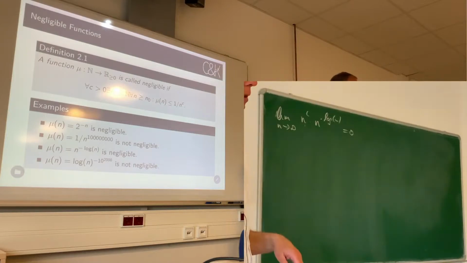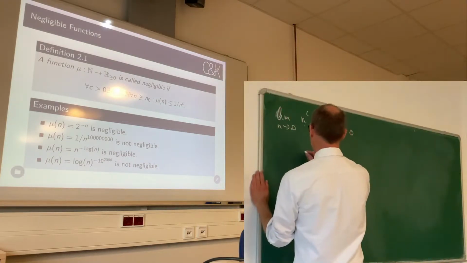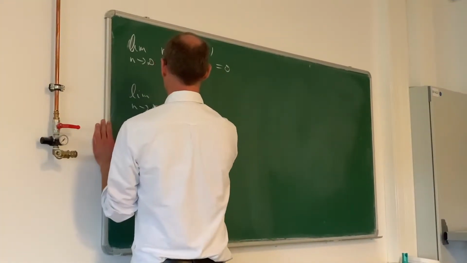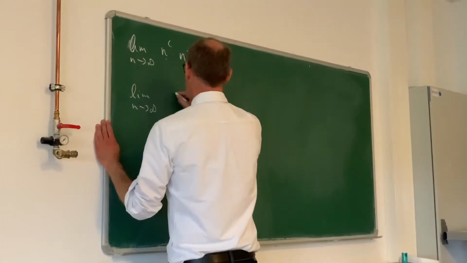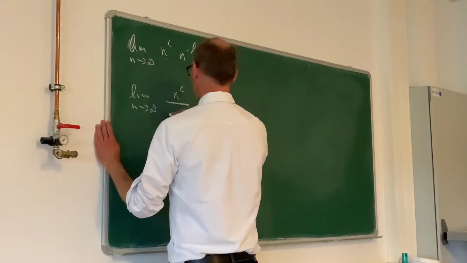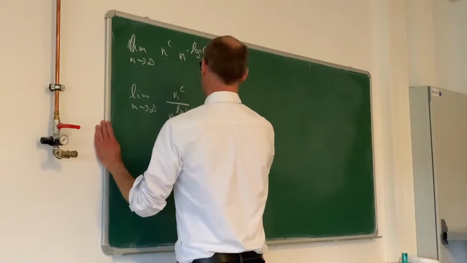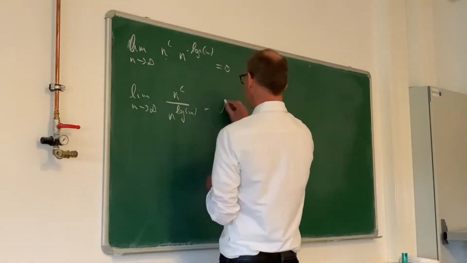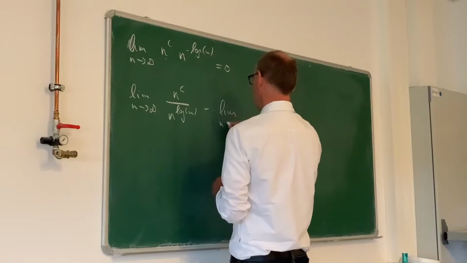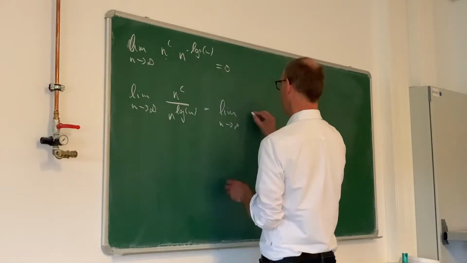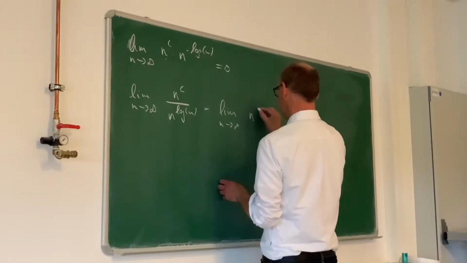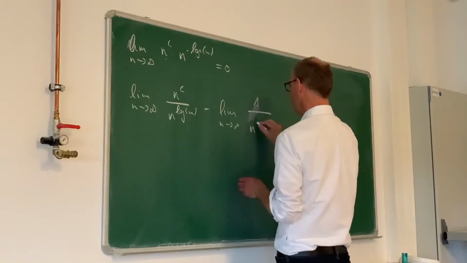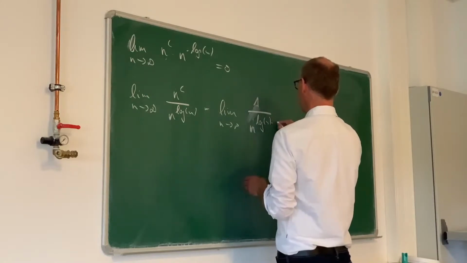So I look at the limit as n goes to infinity of n to the c divided by n to the log n, which is the limit of 1 over n to the log n minus c.